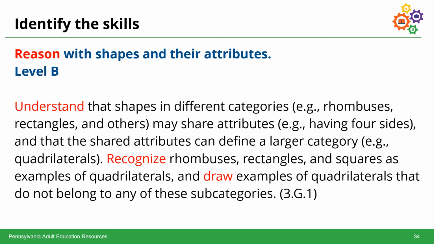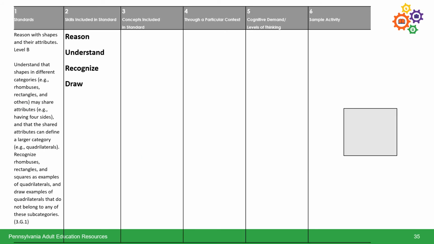This standard asks students to reason with shapes, understand that shapes are categorized by shared attributes, recognize the examples of quadrilaterals, and finally, draw examples of quadrilaterals. Your unpacking chart might look like this right now.